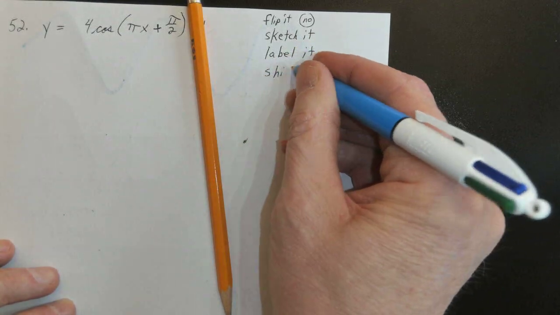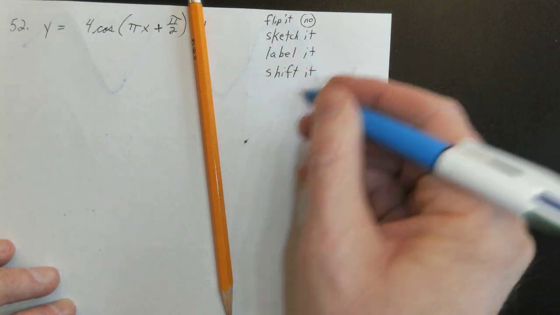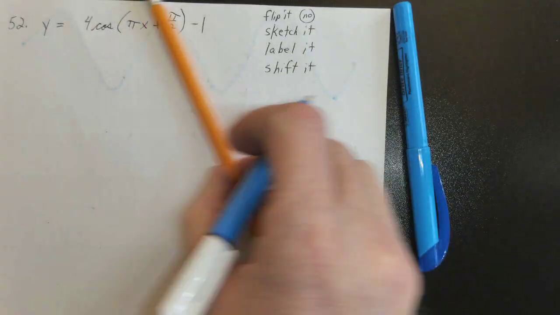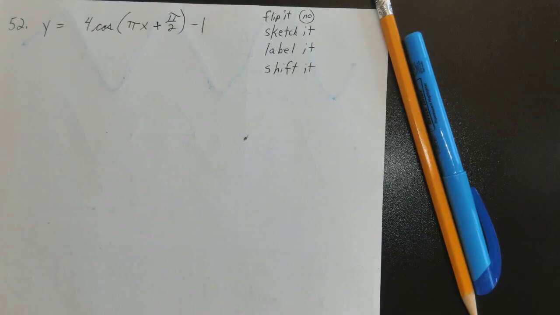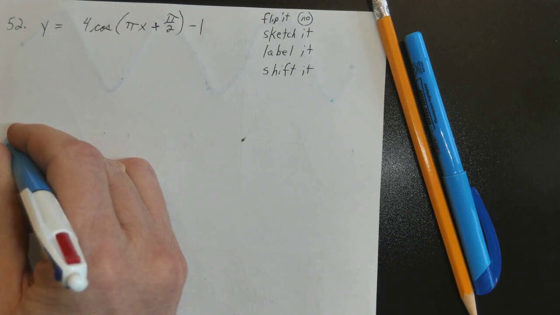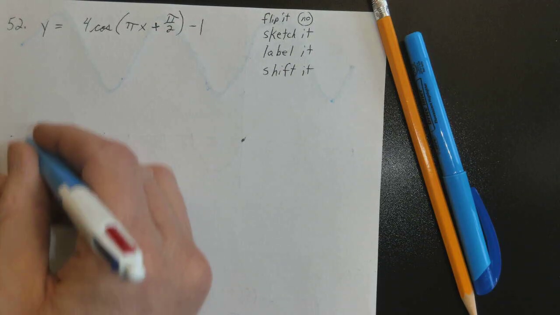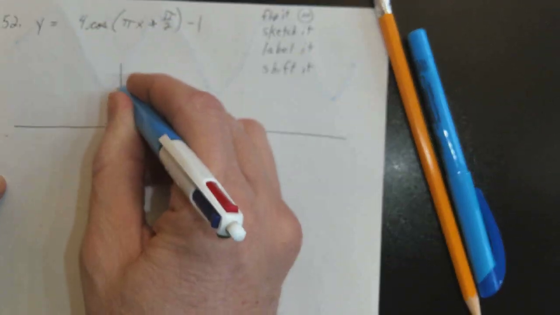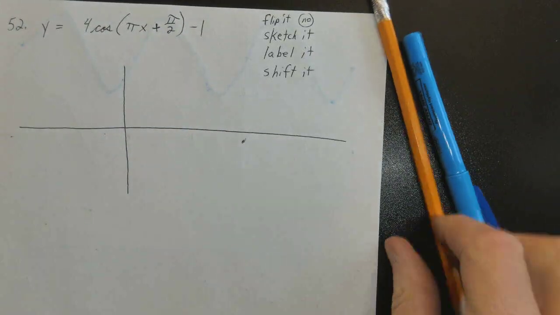And we will shift it with that. Okay. So, no flipping. I'm going to draw my axes and remind me to put the pen down when I'm done with this part. Okay. All right.